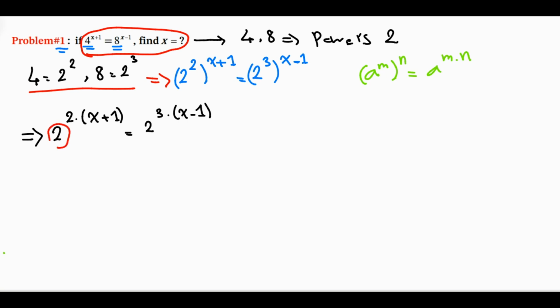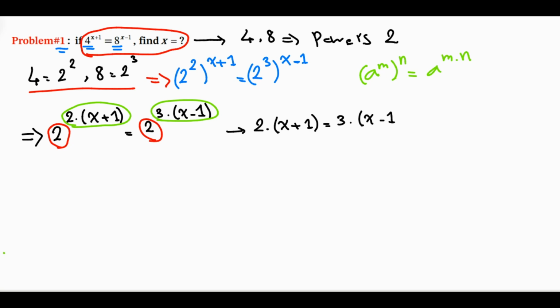Same bases on both sides now, so the exponents have to be equal. Then 2 times x plus 1 equals 3 times x minus 1.